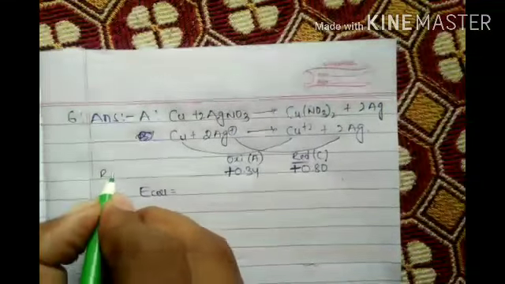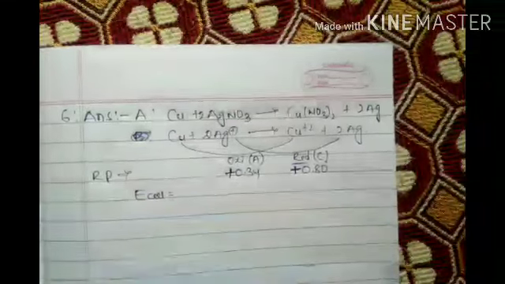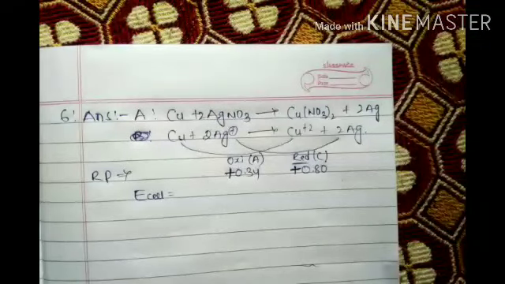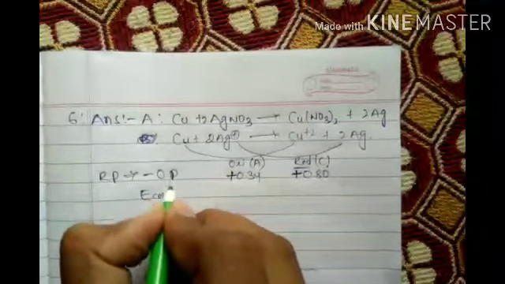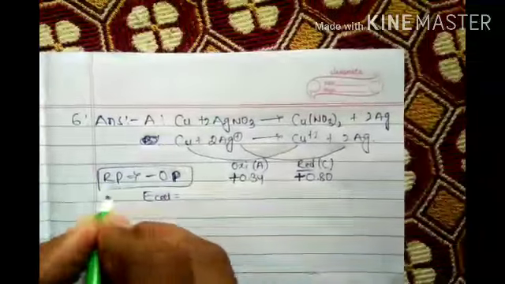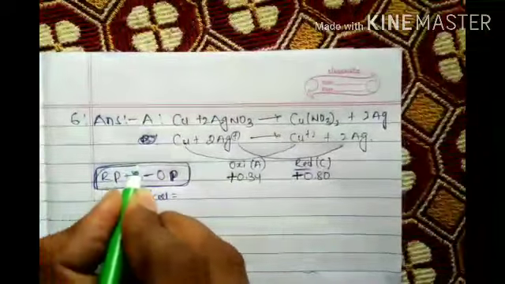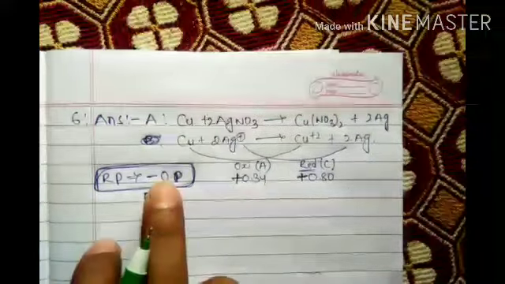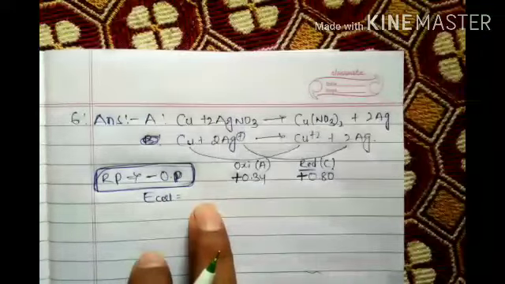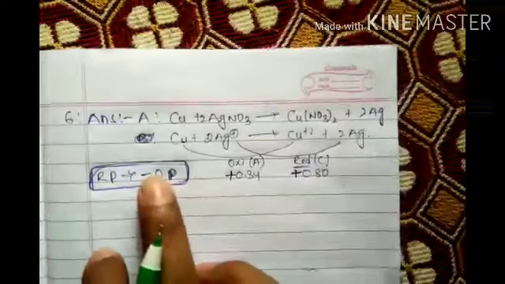Reduction potential of cell equals minus oxidation potential. That is the formula: reduction potential equals minus oxidation potential. When we do this, one reaction, a different reaction we have to take. I told you that at the start of the topic.